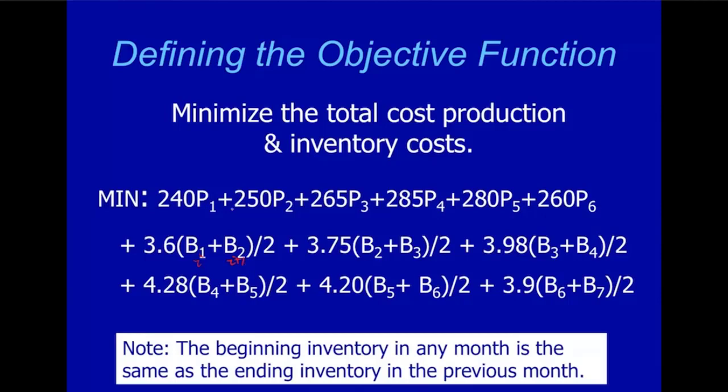So it's like BI plus BI plus 1 being the average inventory in month I. And we use the long objective function.